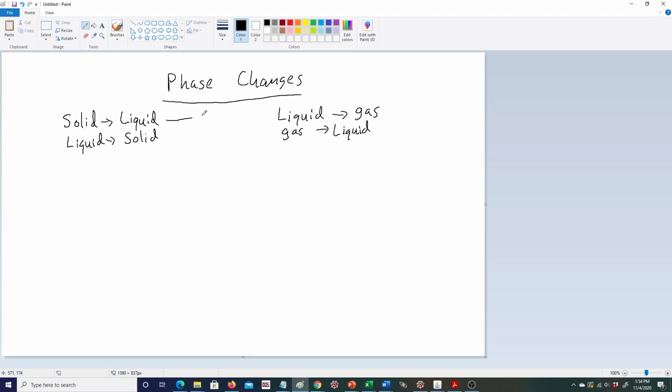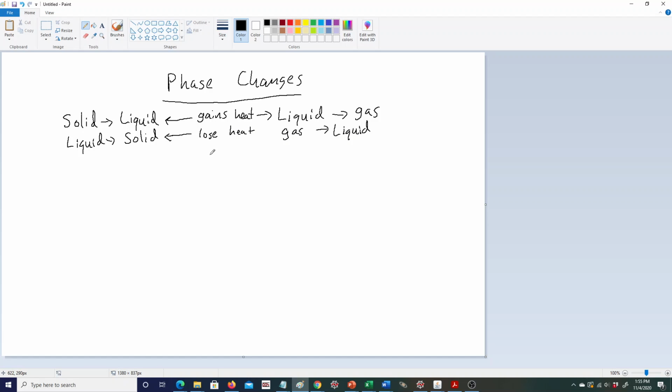So in these two changes, from a solid to a liquid or a liquid to a gas, your substance gains heat, and when you move from a liquid to a solid or from a gas to a liquid, you lose heat.